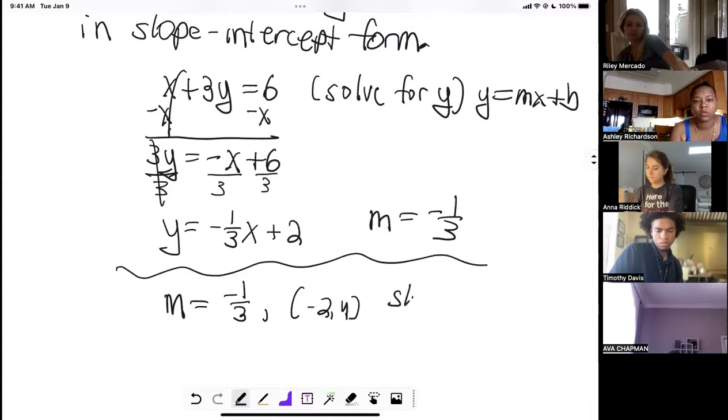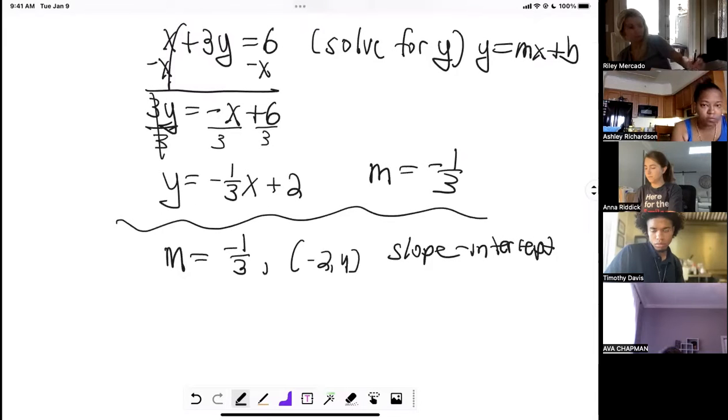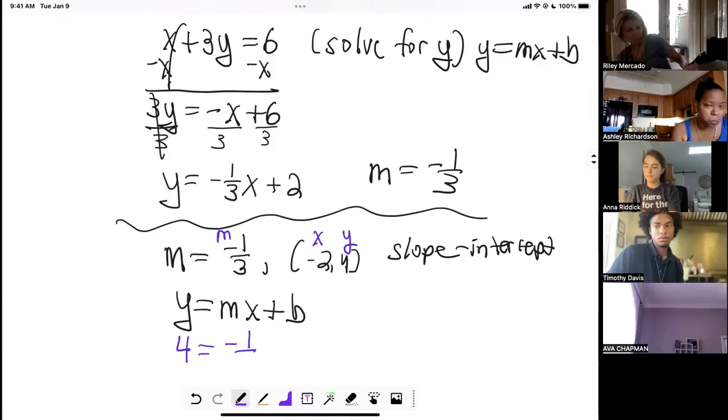And it has to be in slope intercept form. Well, we just did that earlier today. When you're stuck with slope intercept form, you're going to put y equals mx plus b. What do I have? I have my slope, I have my x, and I have my y. I'm going to plug them all in. 4 is equal to negative 1/3 times negative 2 plus b.